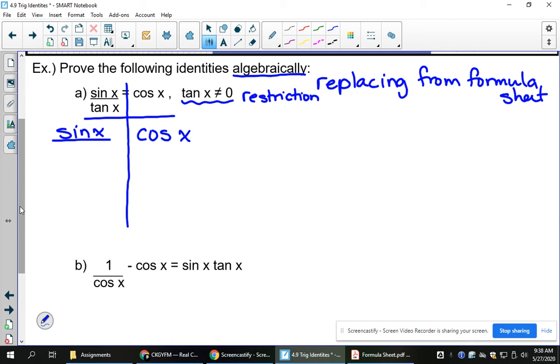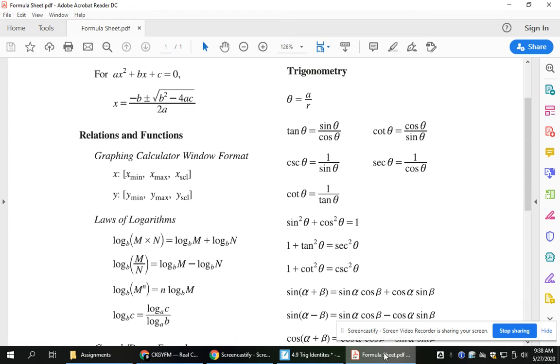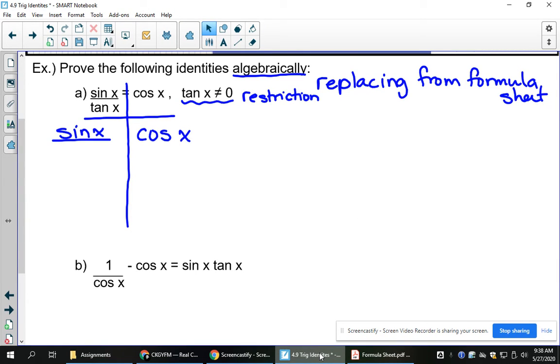So go to your formula sheet and figure out how you can make tan into sine and cosine. Here it is right here. It's sine divided by cos. So in the bottom there, I'm going to make tan, and I'll color code this so that you can see it better. I'm going to make it sine divided by cosine.